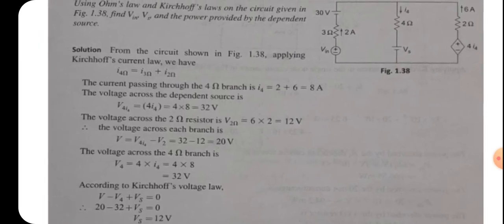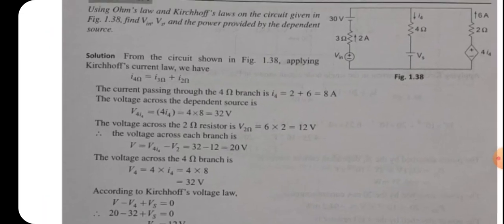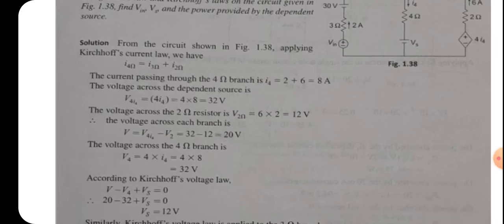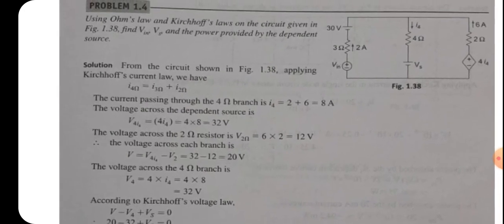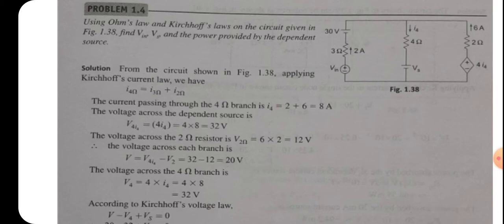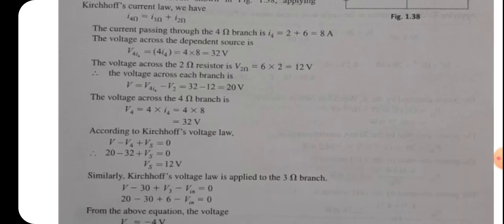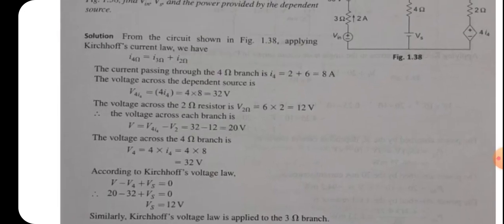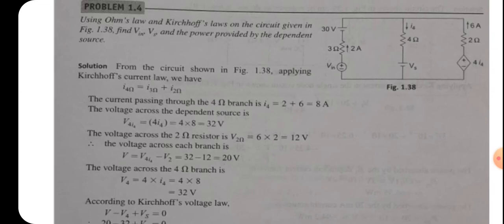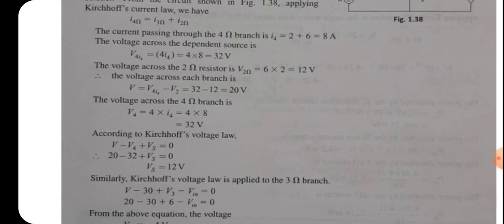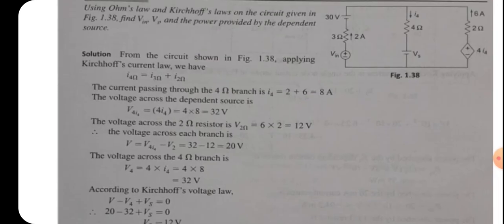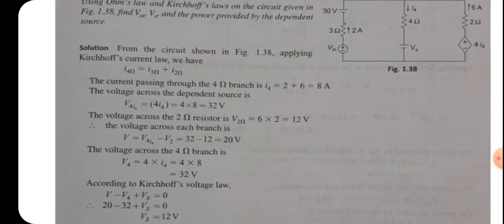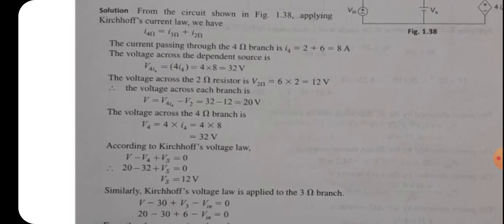Next we are asked to find out V in. For finding out V in, we have to consider the outer loop containing the 3 ohm resistor and 2 ohm resistor. We can apply Kirchhoff's voltage law, neglecting the middle branch, so that we obtain the equation starting from the outer portion containing the 2 ohm resistor.